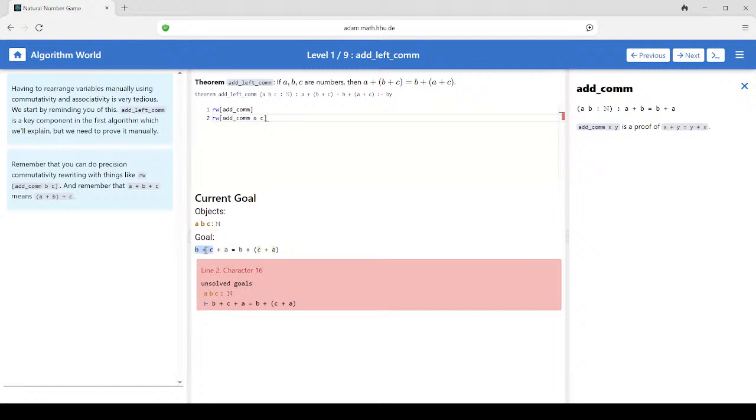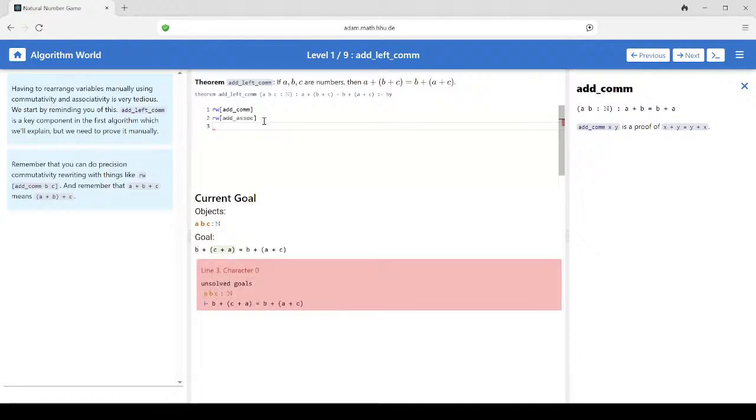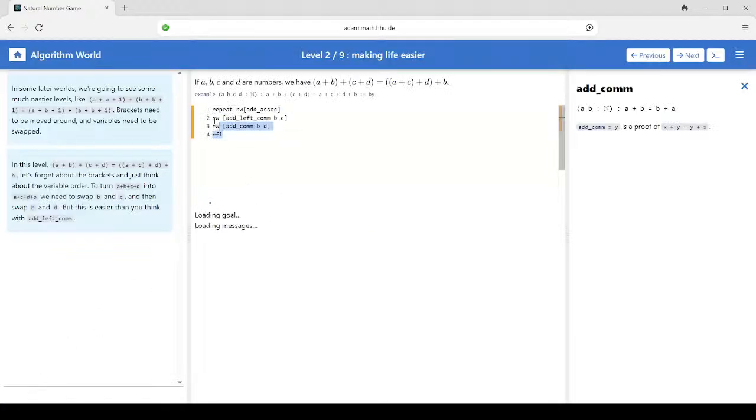Or maybe we need to, because b plus c is like one unit together, and we need to make it c plus a, and then we can use commutativity, so we need associativity first. And now a plus c are one together. And then we can use rewrite add commutative a c. There we go. Okay. Whoop, whoop.